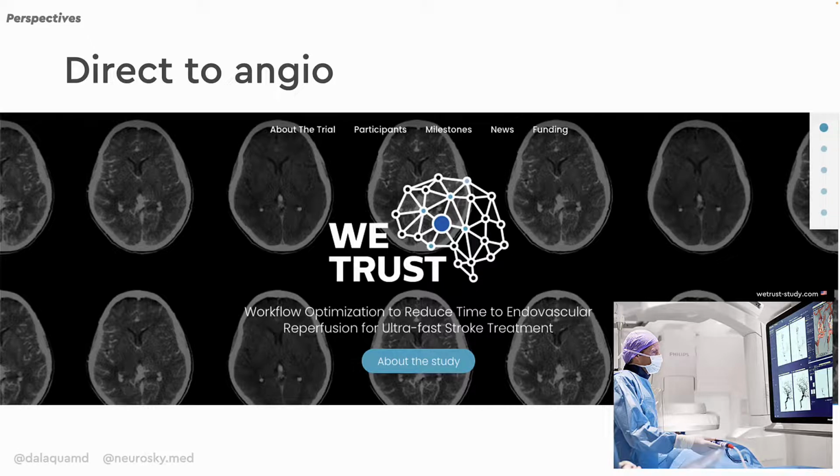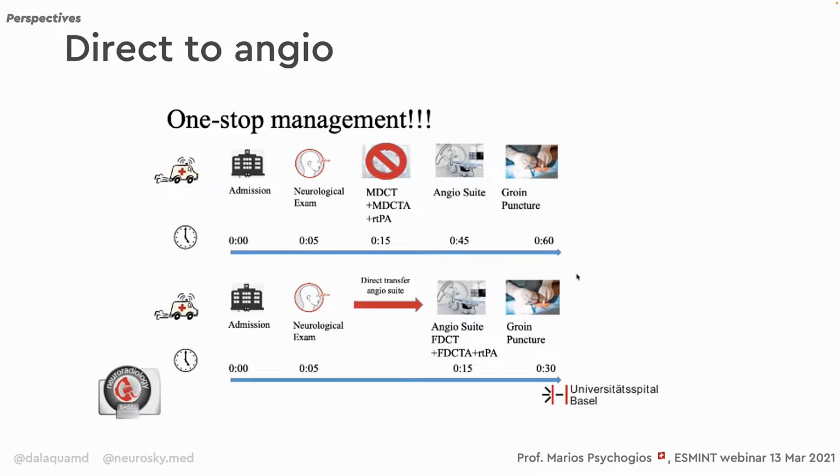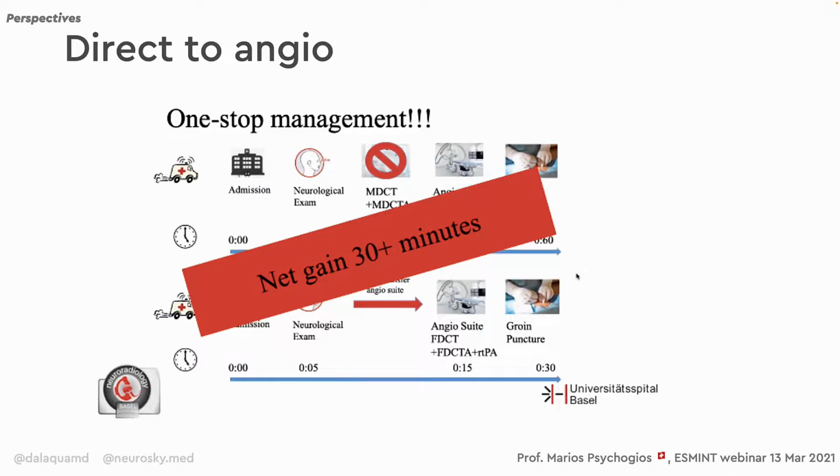So We Trust is a study that is recruiting patients in order to analyze the possibility of the optimization of the workflow for patients going direct to angio. And this has already been commented by Dr. Marius from Switzerland, that this direct to angio would reduce in more or less half an hour the needle time.